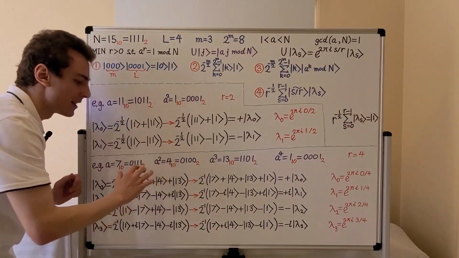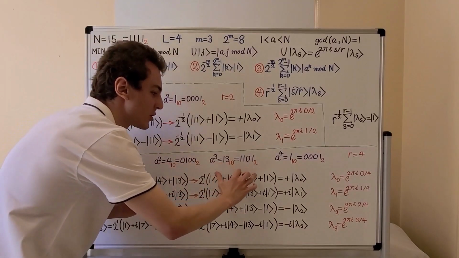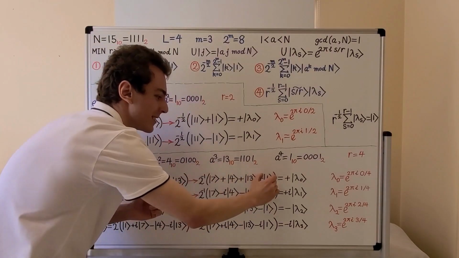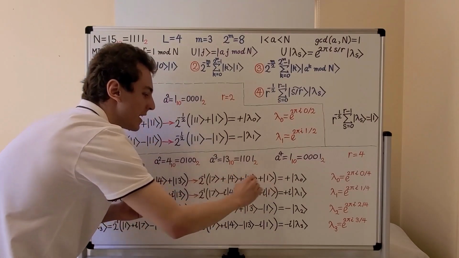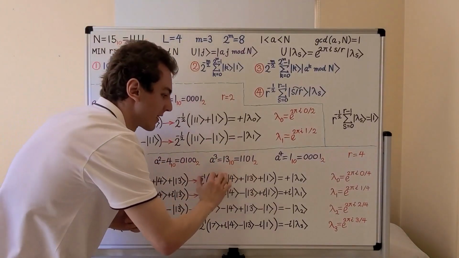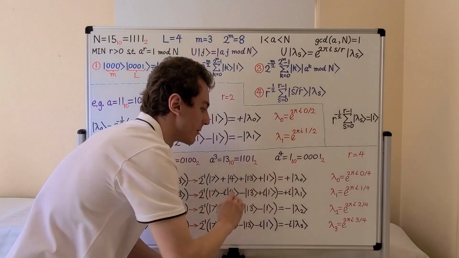This eigenstate just gets mapped to itself. We have the exact same state over here. All we've done is moved this 1 to the end. So all of the coefficients are plus 1 in this superposition. So moving them around, swapping the order, doesn't have any effect. That means the eigenvalue is plus 1.